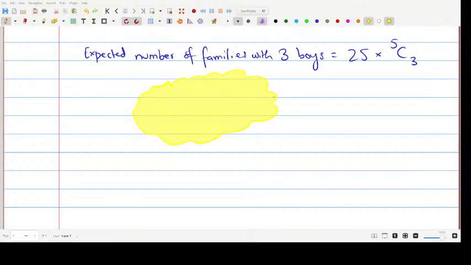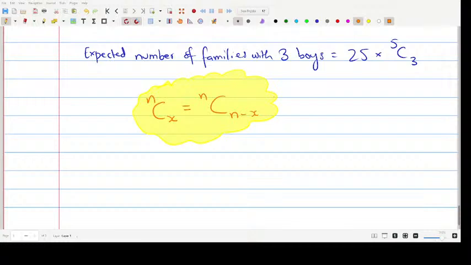The smartness stems from this particular relation. It says that nCx is equal to nC(n minus x). This is again from high school combinatorics, right?